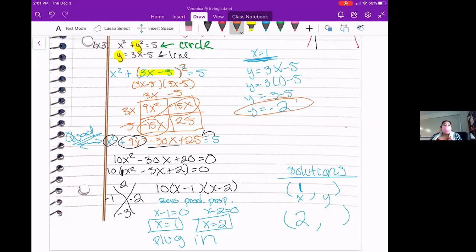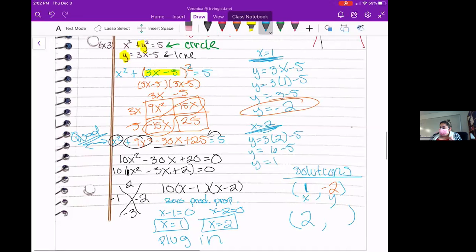So the other half is going to be negative 2. Then we're going to do the same thing, but for x equals 2. So y equals 3 times 2 minus 5, which is 6 minus 5. So y is equal to 1. So your other half of the solution is 1.